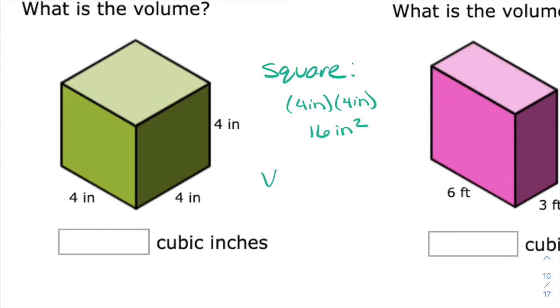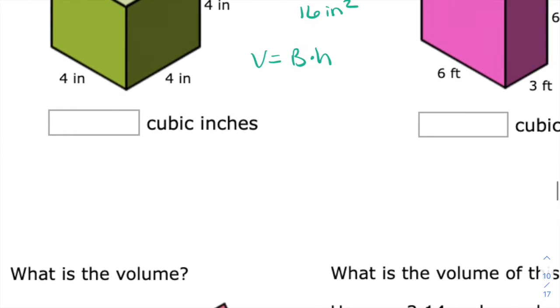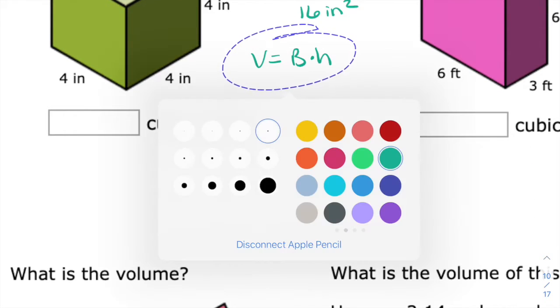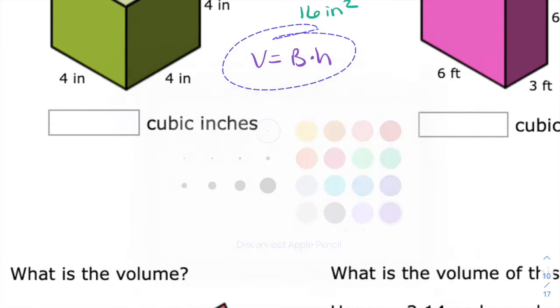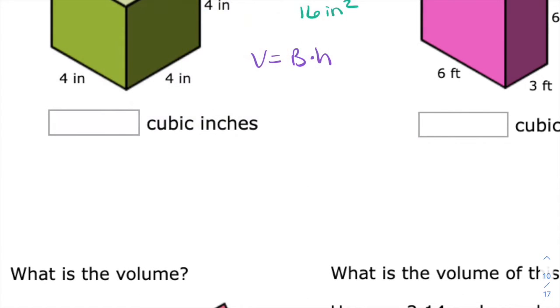And so now volume is base times height. So volume is 16 inches squared times a height of 4 inches.